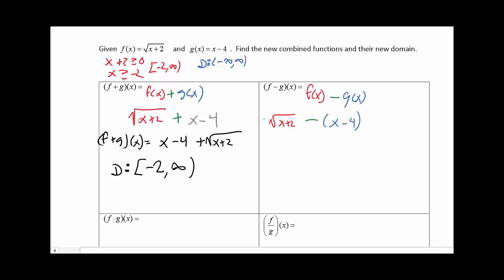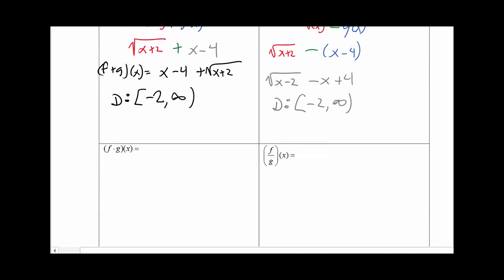And I can see that we can simplify a little bit here, at least with the negative. So minus x plus 4. And that's about it, actually. I mean, I could reorder it if I want to, but that really doesn't make it any better than what we've currently got. So our domain then has to satisfy the restriction of the original two. And this one still doesn't add anything new other than negative 2 out to infinity.